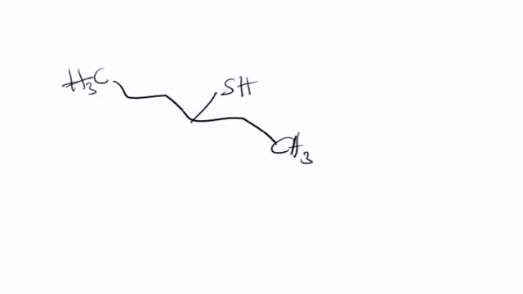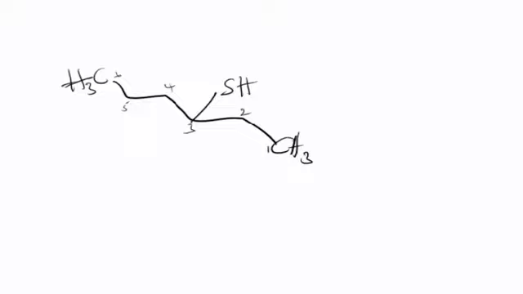So if I count from here, 1, 2, 3, 4, 5, and 6. This will give me the thiol group at carbon 4 here. So if I go ahead and count from this side, I'll have 1, 2, 3, 4, 5, 6. So this will give me the thiol at carbon 3. Now I want to use this because this gives me the thiol at the lowest possible number.